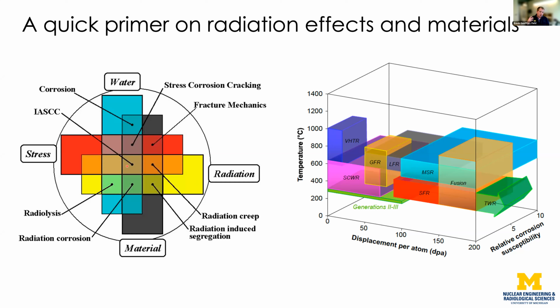So stress, water in there, and changing your material, of course, also changes its response to these different factors as well. That's the basis for the talk and a lot of the research that we're doing with the in-situ TEM facility that we have here on campus at University of Michigan.